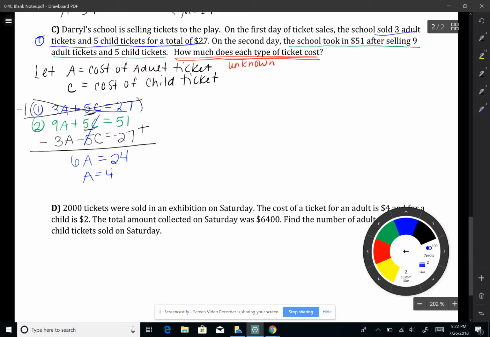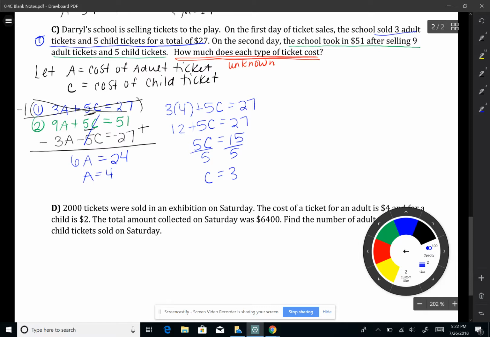Now I need to plug that into one of my equations. I'm going to plug that into the first one that I crossed out here. 3 times A, 4, plus 5C equals 27. 12 plus 5C equals 27. Subtract 12, 5C equals 15, divide by 5, C equals 3.